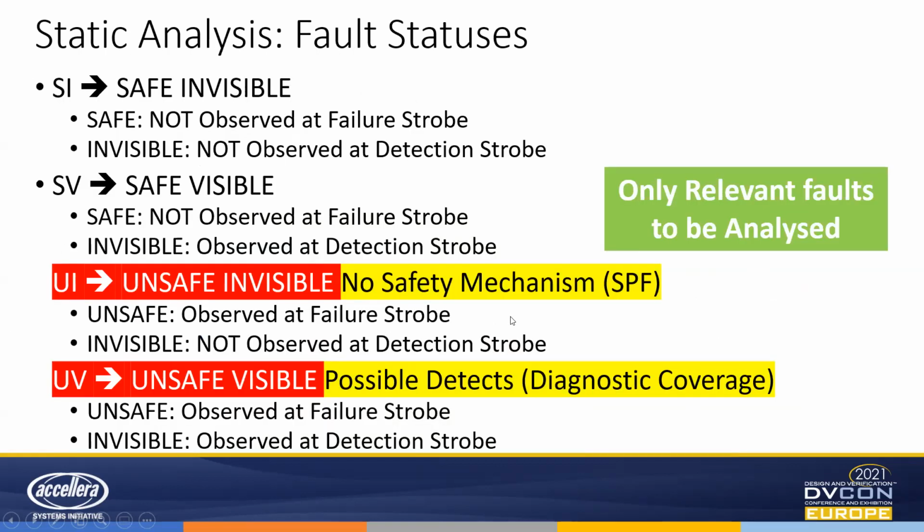The only relevant faults to be analyzed are these, because UI doesn't have a safety mechanism. This forms the SPF category, and UV is the possibly detectable, and this gives you the diagnostic coverage. You can get started with this diagnostic coverage with FMEDA as well.